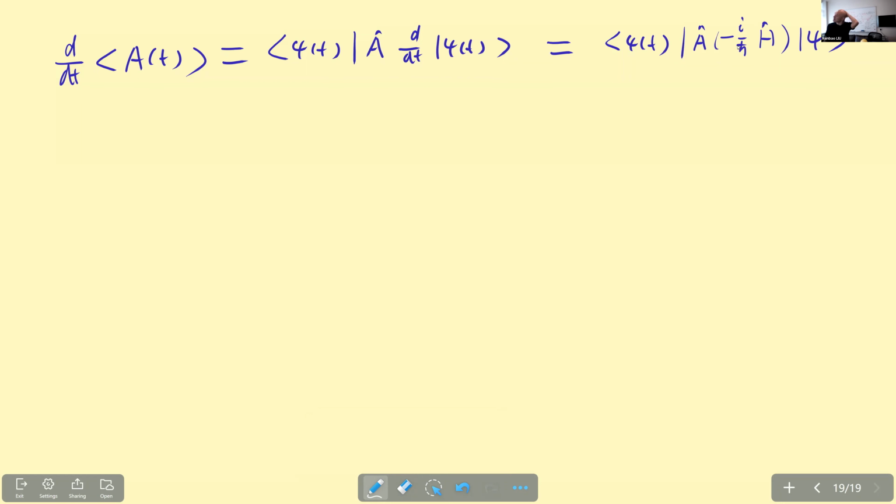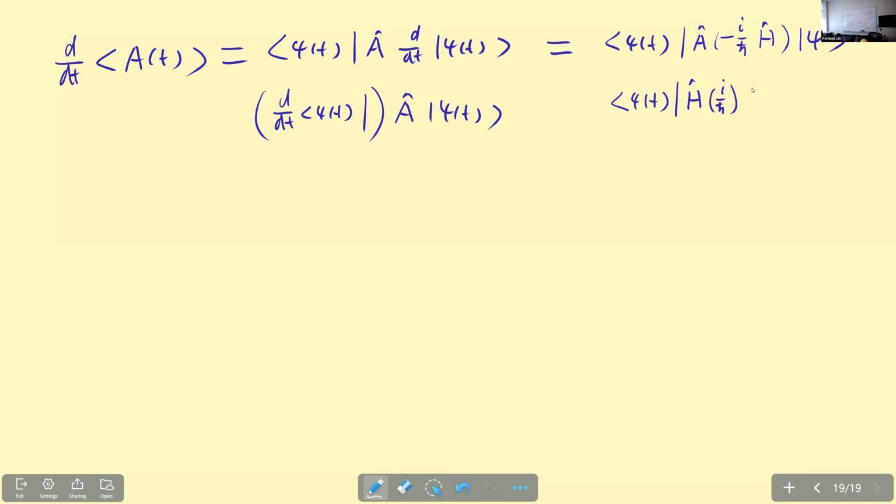Everything is correct, right? And then you have another term, that's d over dt of bra psi t, and then a and ket psi t. So you just apply the Hermitian conjugate of this one. So that will be bra psi t, and then H, now this is i over h bar, and a and ket psi t.